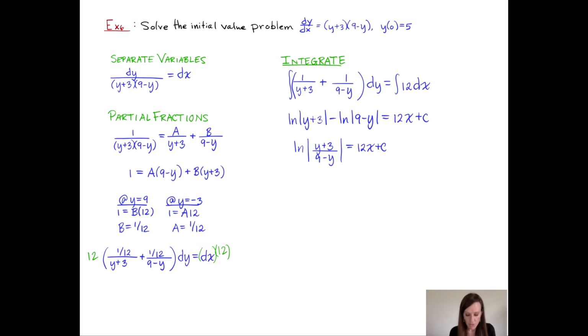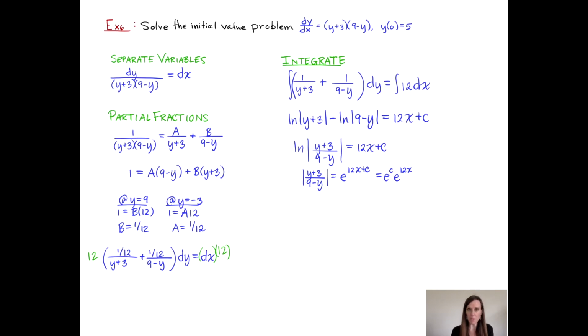And so e to the natural log are inverses, and so we're just left with the absolute value of y plus 3 divided by 9 minus y, equal to e to the 12x plus C, which is e to the C times e to the 12x using our exponential rules.